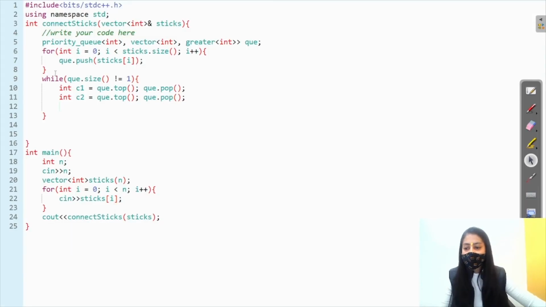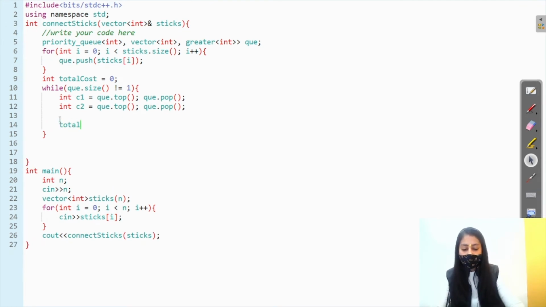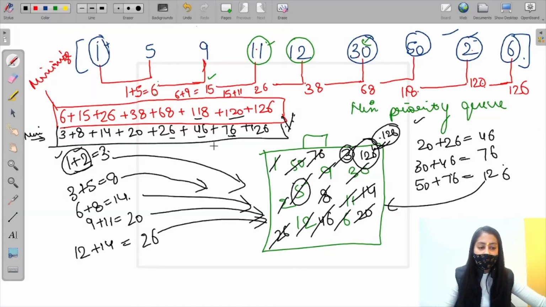Next you are adding the combined cost, that is this C1 plus C2 to your total cost. So let's take a variable named total cost here. Let's initialize it to 0. So add the combined cost to your total cost. C1 plus C2. Next is add the combined stick again back to your queue, right?